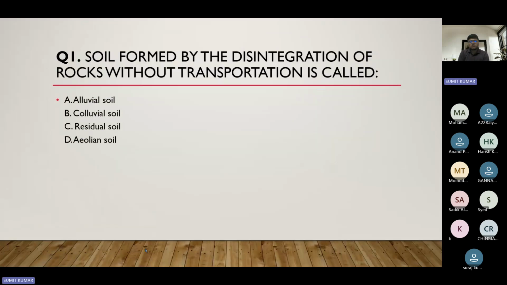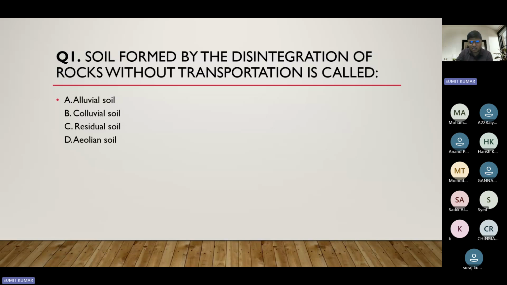Okay, so the first question is: soil formed by the disintegration of rock without transportation is called: alluvial, colluvial, residual, or aeolian soil? As I know, aeolian soil is transported by air. Okay, no problem. The time is also less, so I will answer the question by myself and not wait for your response.